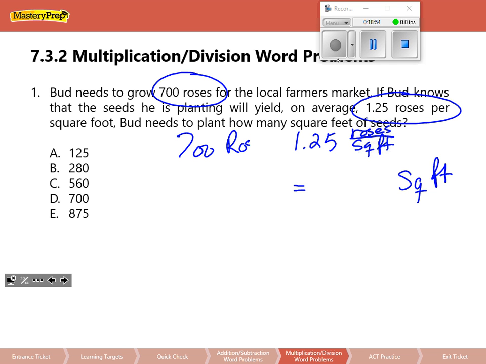And we have 700 roses. If we wanted to use units to get that to cancel out, well, I need the roses and roses to cancel out, yes?